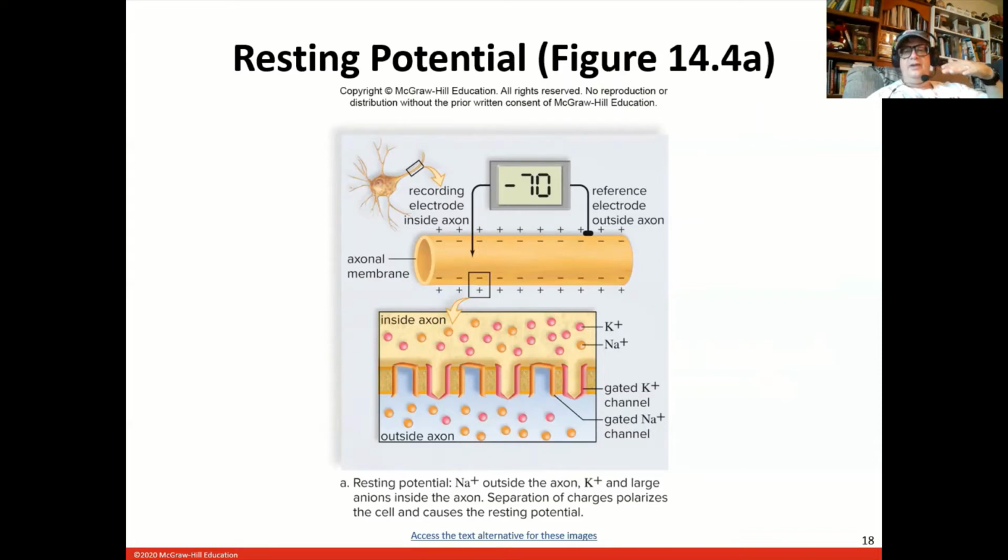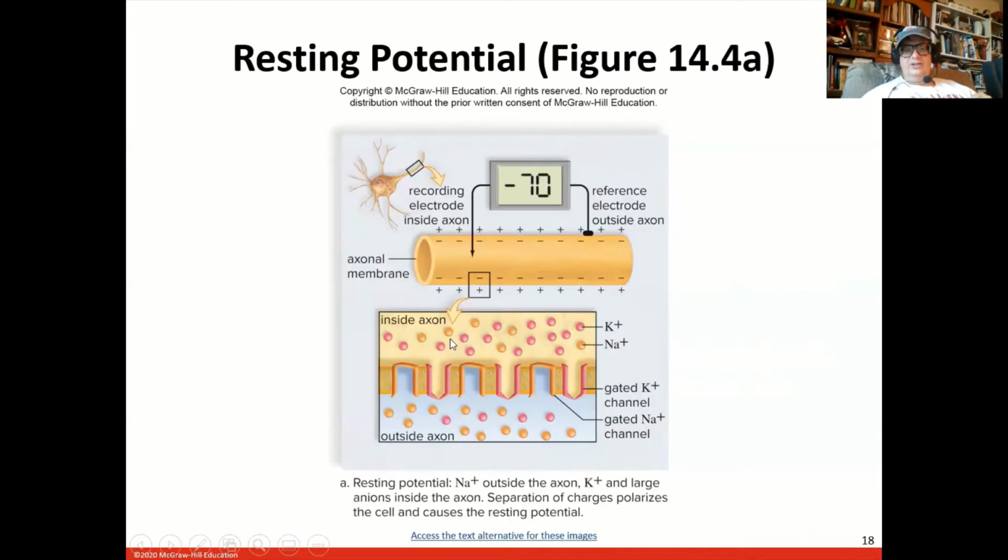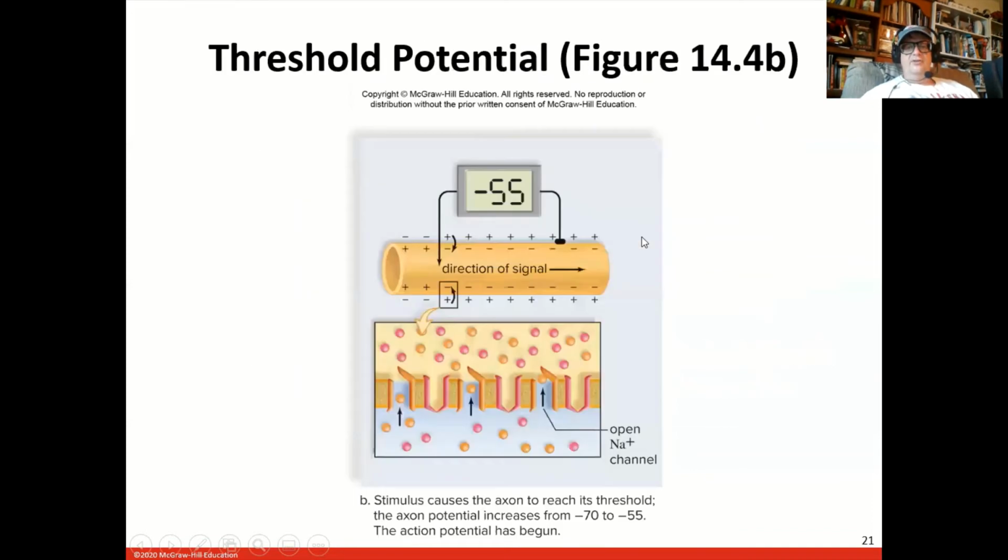So first, I guess I should go right here. I want you to see that at rest, we've got all the positive charge on the outside and all the negative on the inside. The signal that's traveling down the nerve is that we're flipping that.